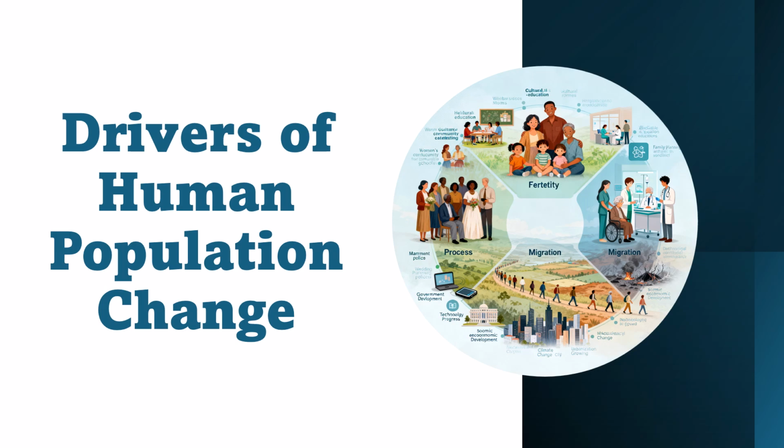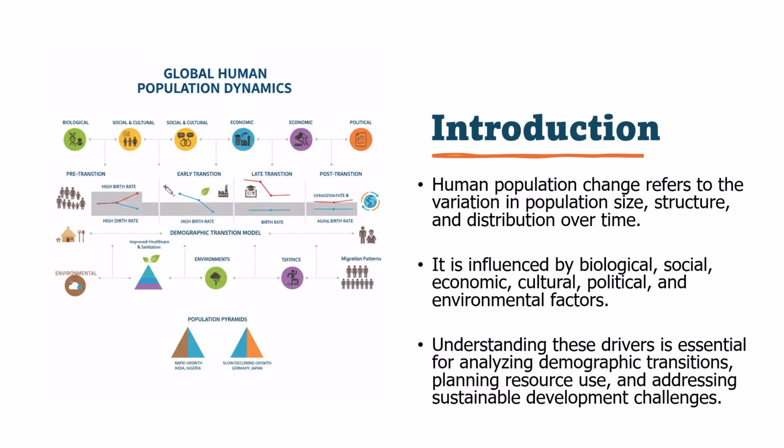Let's get started. Before starting the main topic of the lecture, let's have a brief look at human population change, which refers to the shifting of population size, structure, and distribution across time and space. These changes are not random but result from a complex interplay of biological, social, economic, cultural, political, and environmental factors.